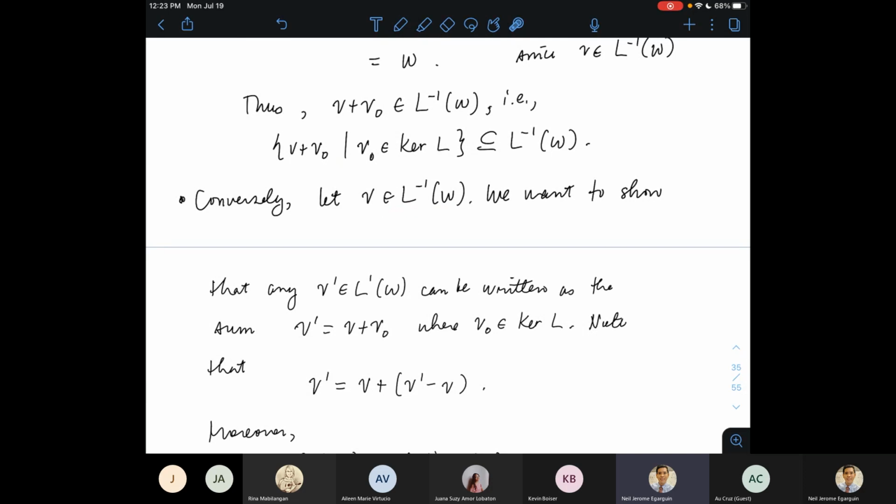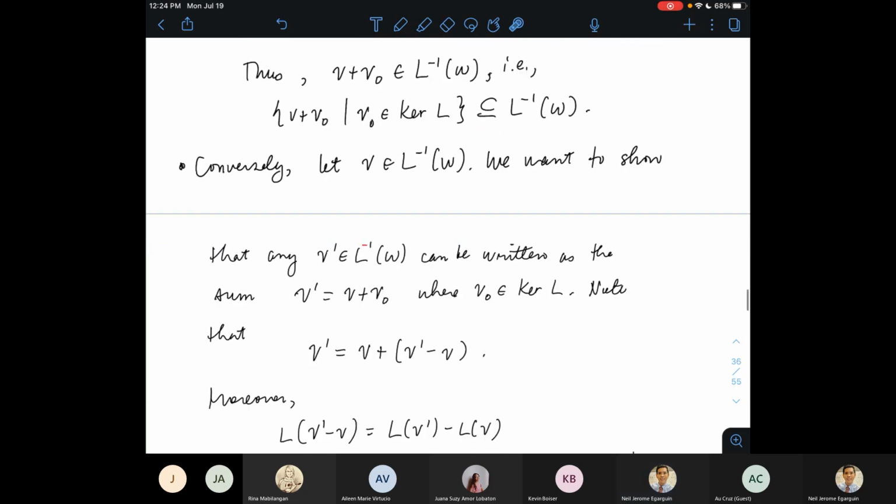I'll consider a V in L inverse of W, or actually ito pala yung fixed element natin from the beginning. I'll take another arbitrary element V prime of L inverse of W. At gusto kong ipakita si V prime ay pwede kong isulat as V plus V naught, para ma-prove ko yung reverse inclusion.